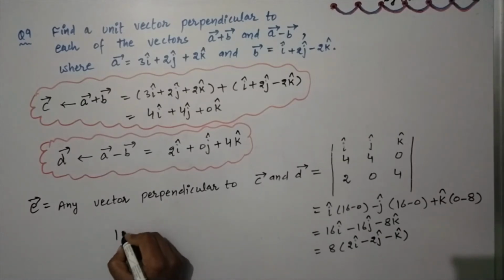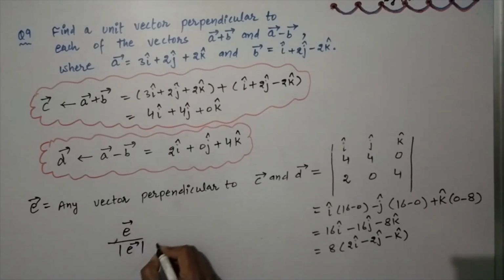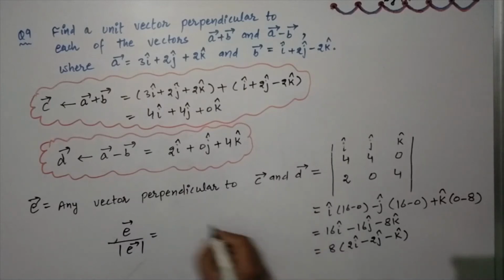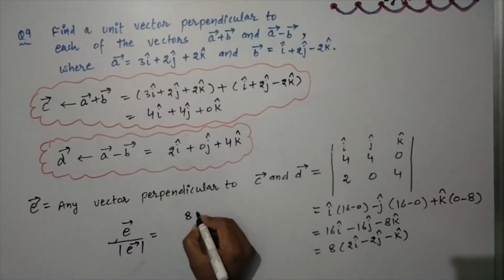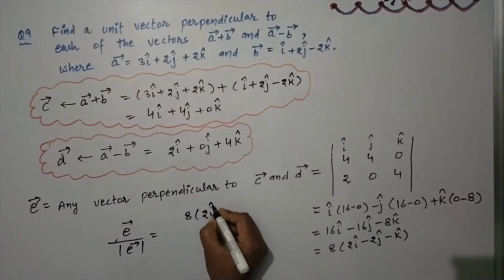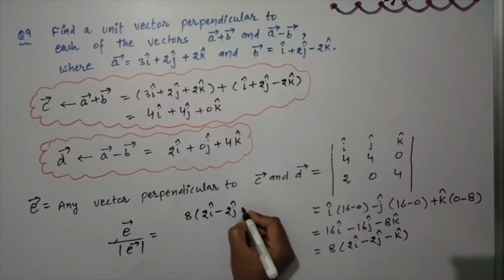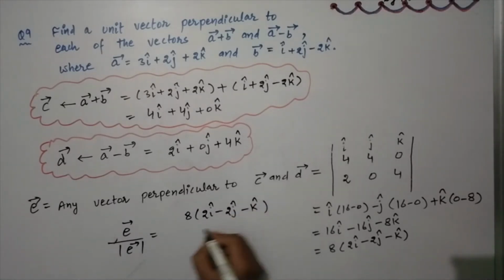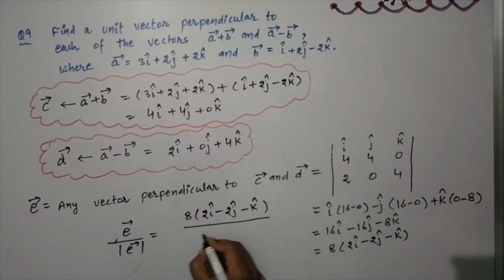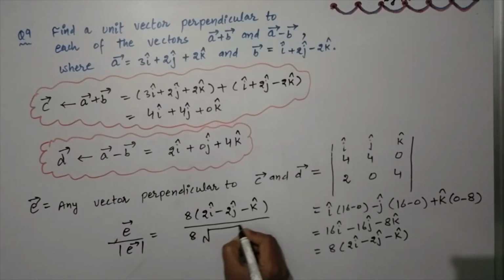So if we name this as E vector, the unit vector is vector E divided by magnitude of vector E. Here E vector is 8 times 2i minus 2j minus k.